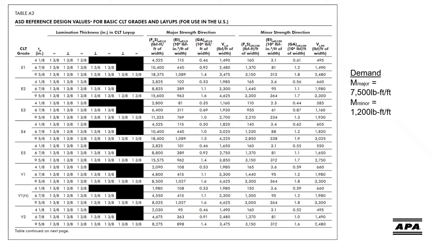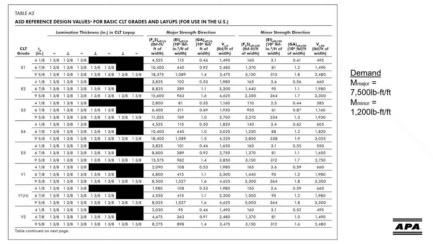The next step would be to go into the NDS, Table 10.3.1, to calculate the adjustment factors that would be used to convert the reference bending moment capacity, FbS effective, seen in Table A2, into the adjusted bending moment capacity, FbS effective prime, which is required to be equal or greater than the demand calculated.